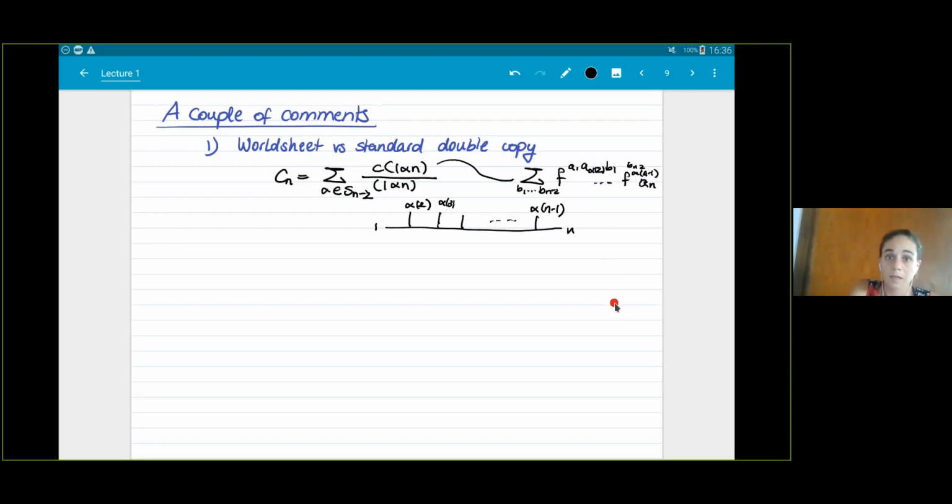Okay, so this is hopefully something that you have seen before for just an amplitude decomposition.